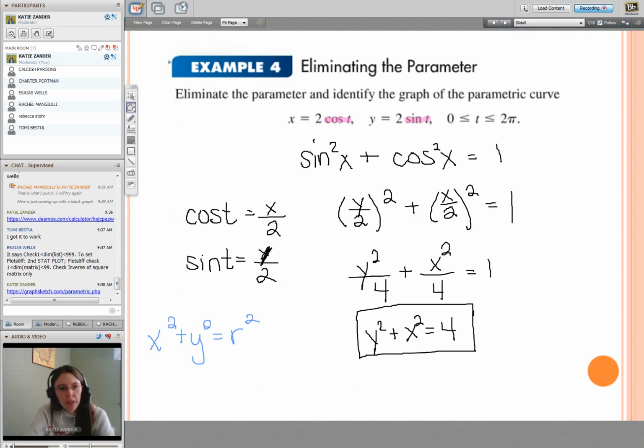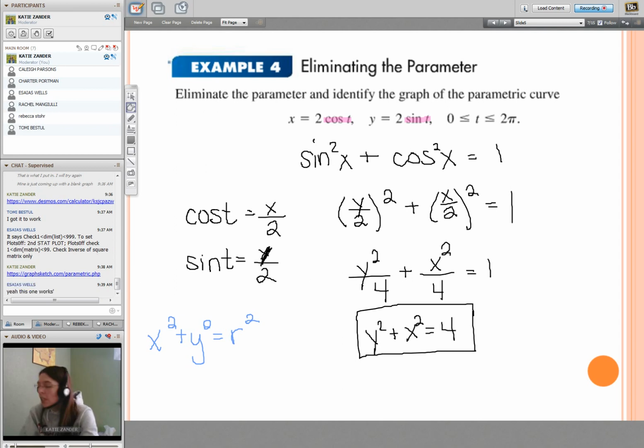So let's type in 2 cosine of t for x equals, and then try 2 sine of t. We'll just do -10 to +10 for the x range and the y range. And then your t range is going to be 0 to 2 pi. So that one works when we do it.